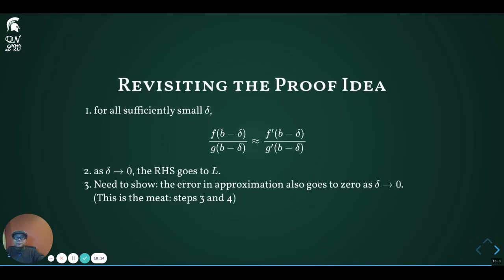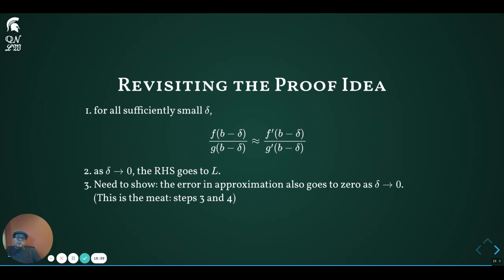To summarize, this suggests that for all sufficiently small delta, we should have that the function ratio f over g is approximately the same as the derivative ratio f prime over g prime if we evaluate at b minus delta. As delta goes to 0, the right side goes to L by hypothesis.